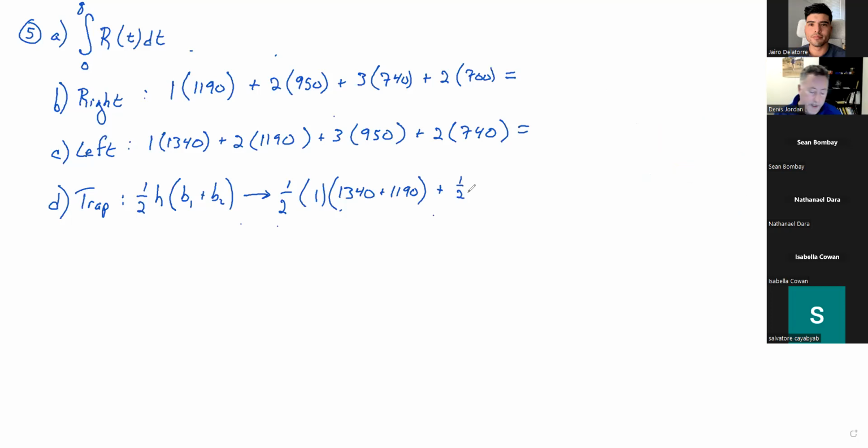So from 1 to 3, your height is 2, and you're adding 1190 and 950. The third trapezoid from 3 to 6, so the height is 3, and the bases are 950 and 740.